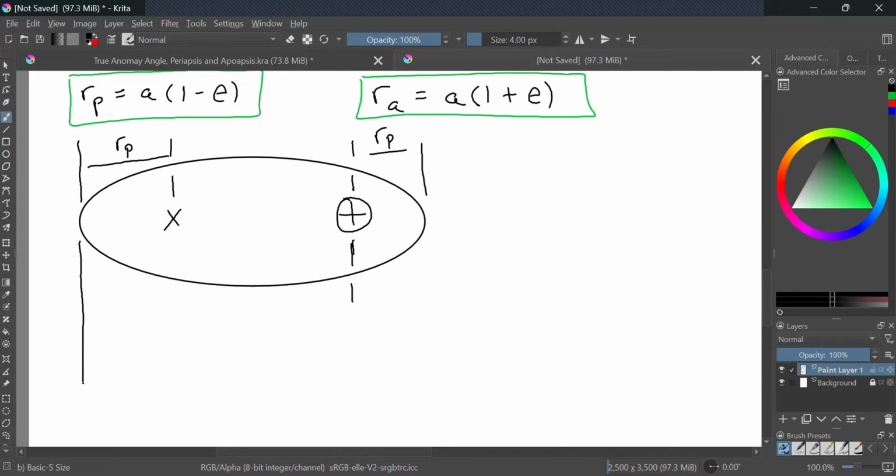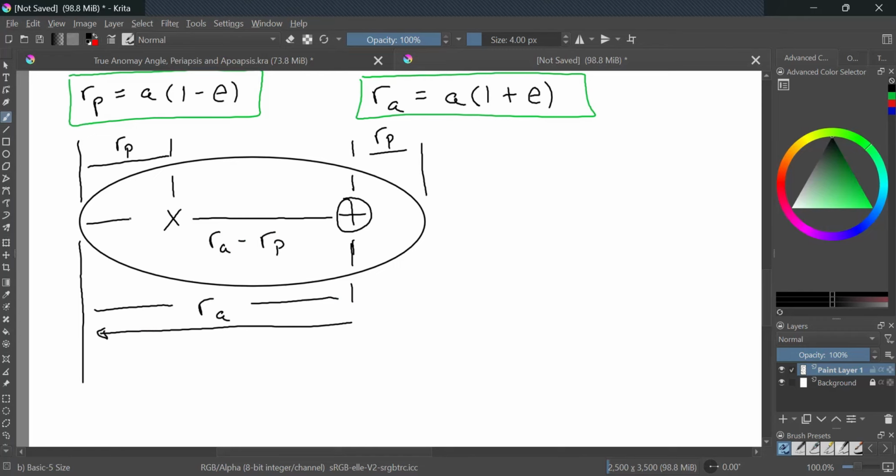This will be useful. This is going to be, once again, our apoapsis distance, which means that the distance between them is going to be the apoapsis minus the periapsis. Right, you go out here like that, and then you come back in, just like that.